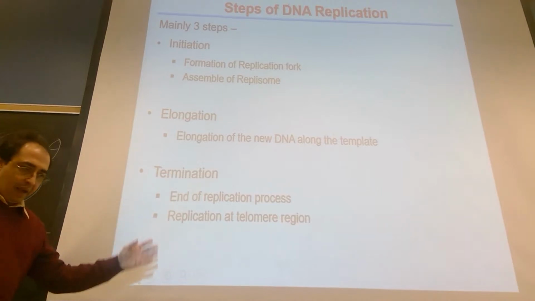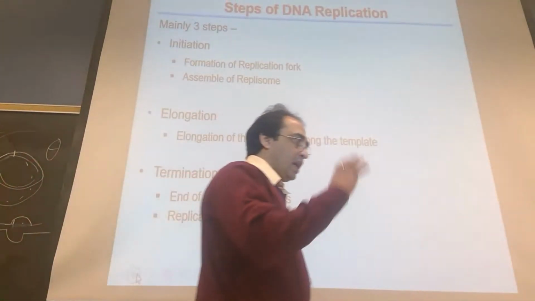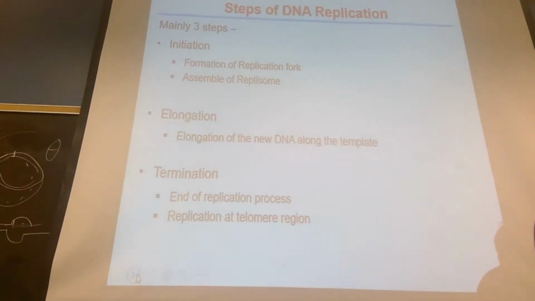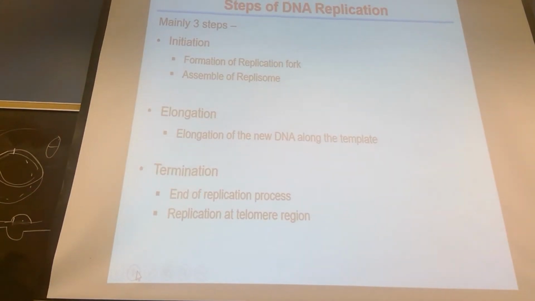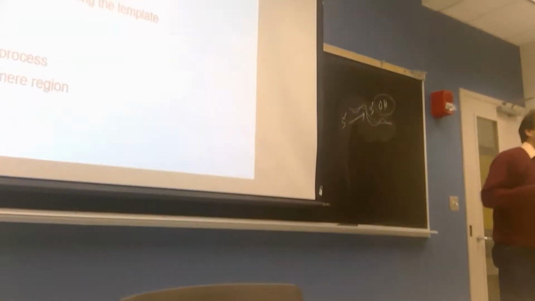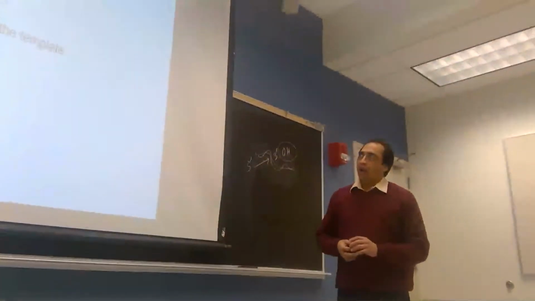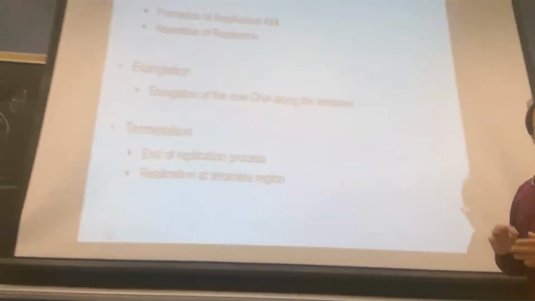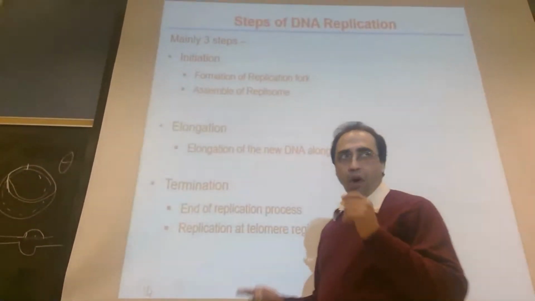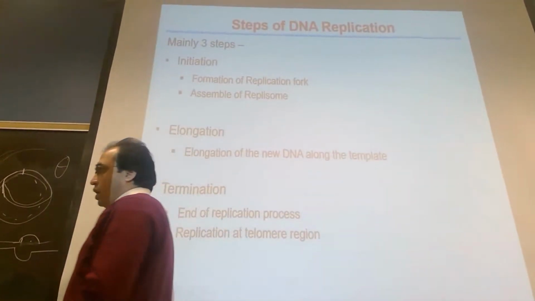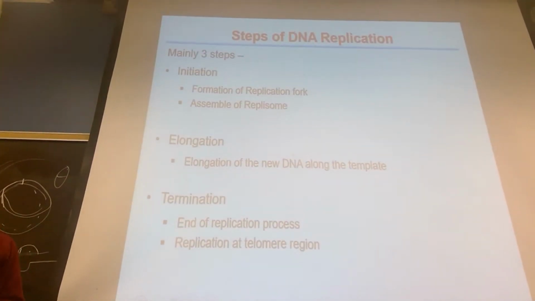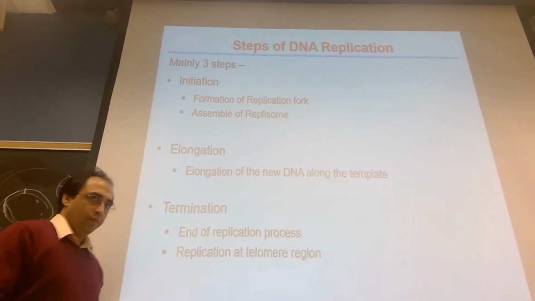So the whole replication, we can divide into 3 steps. At first is the initiation, then the elongation, and termination. Initiation means the formation of replication fork and assembly of replisome.